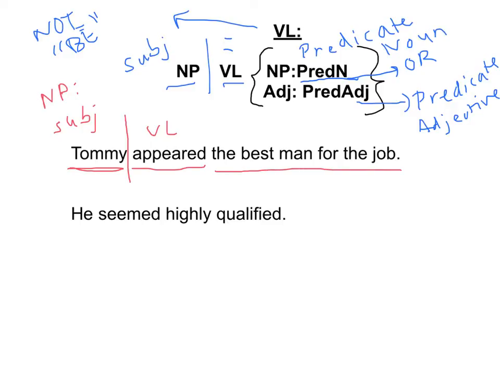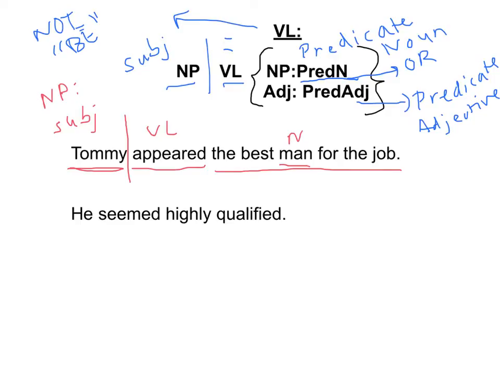Okay, but then after it, we have this whole phrase together. How is this phrase operating in the sentence? Is this a predicate noun or predicate adjective? Let's take a look. Tommy appeared the best man for the job. What's our main word? Our main word is man. If I said Tommy equals what? Tommy equals the man, the best man. This is a noun, right?